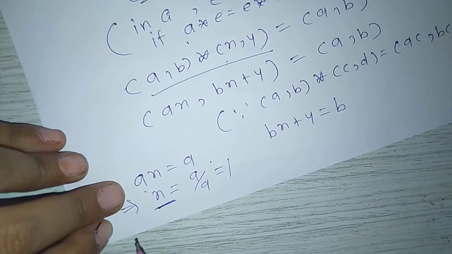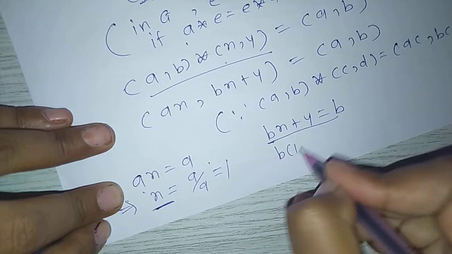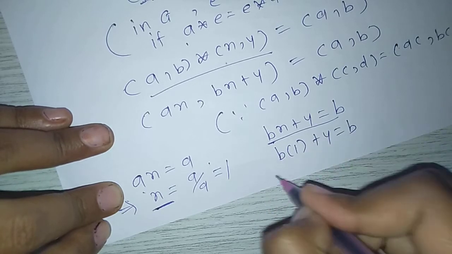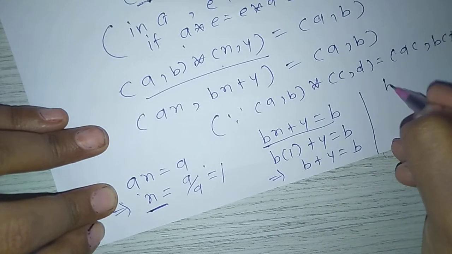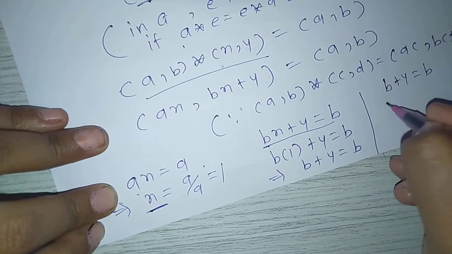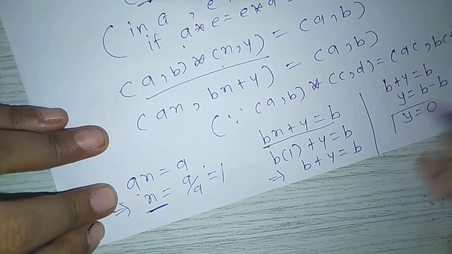Now here we get x equal to 1. Put x equal to 1 in this: b into 1 plus y equals b, which implies b plus y equals b, means y equals b minus b, y equals 0.